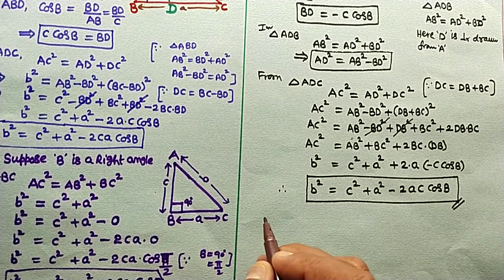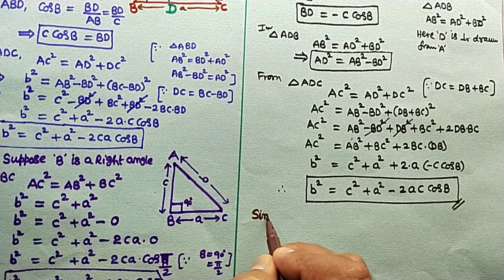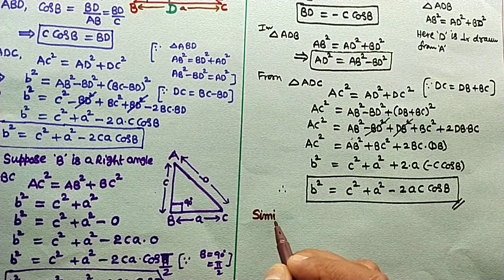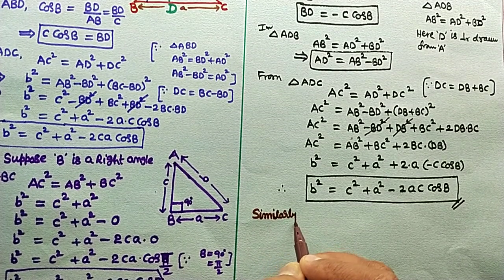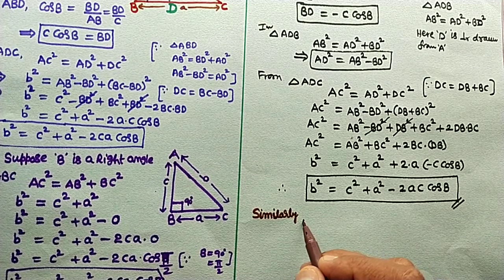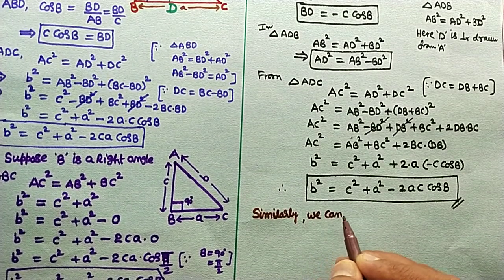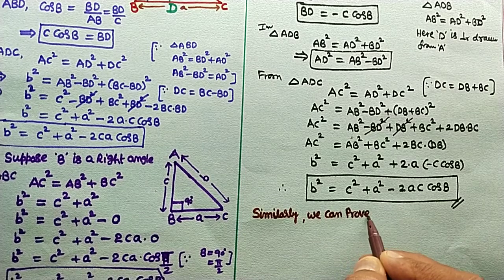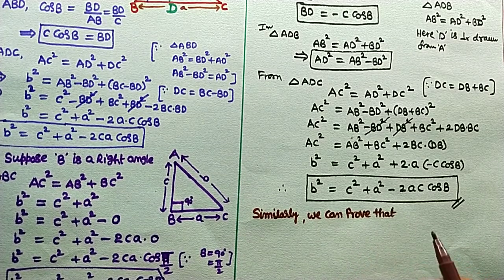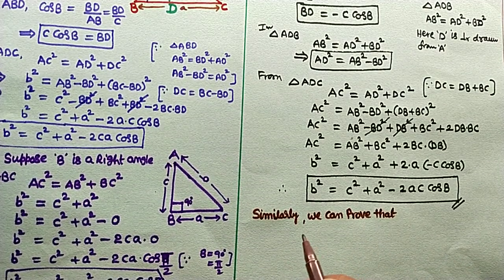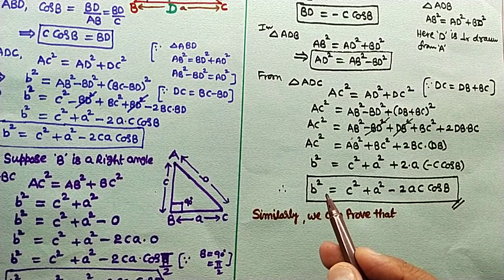Similarly, we can prove the others. We proved b square only, no?